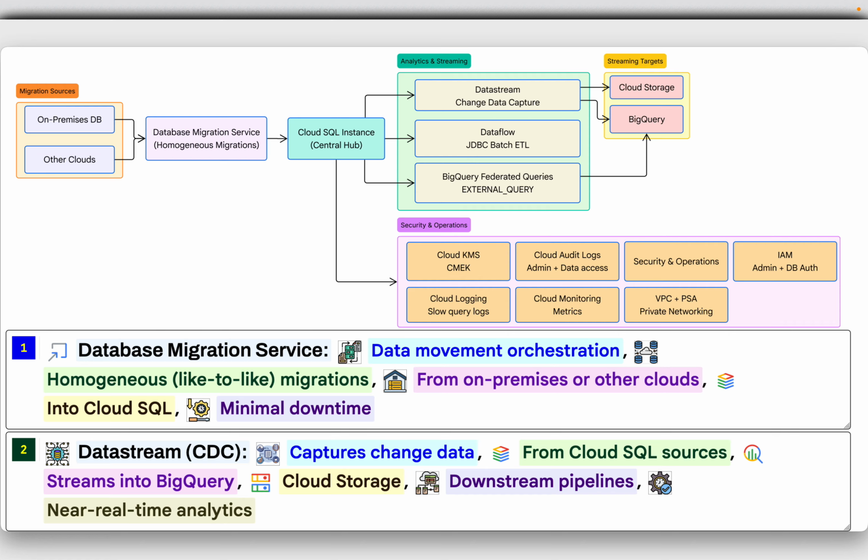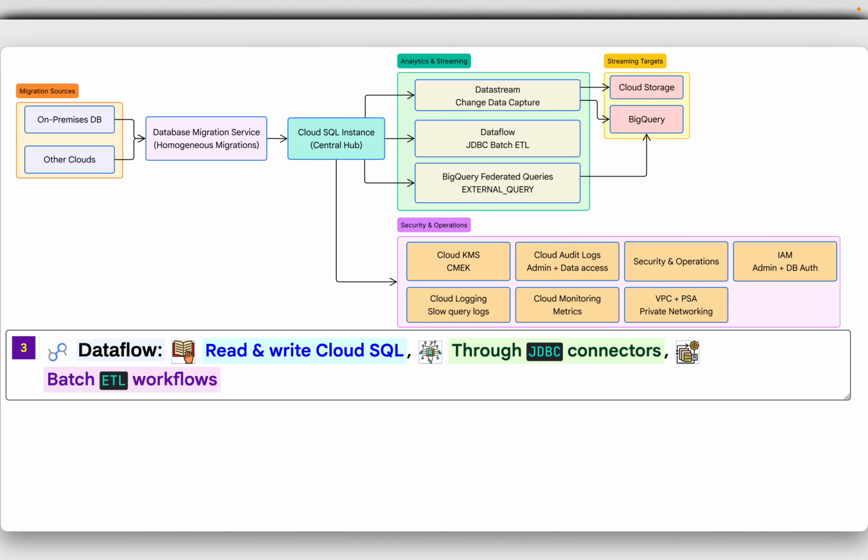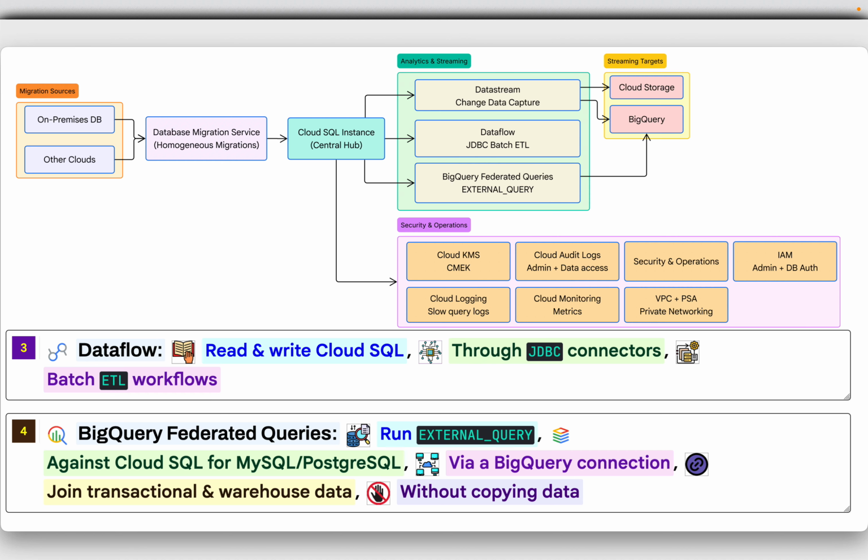This enables near real-time analytics. Dataflow can read and write Cloud SQL through JDBC connectors for batch ETL. BigQuery federated queries let you run external queries against Cloud SQL for MySQL or PostgreSQL via a BigQuery connection, joining transactional data with warehouse data without copying it.